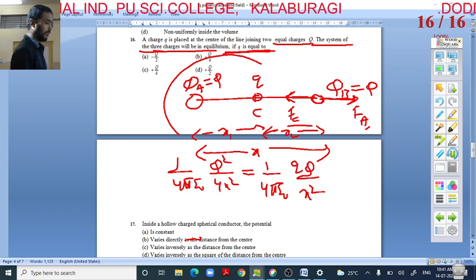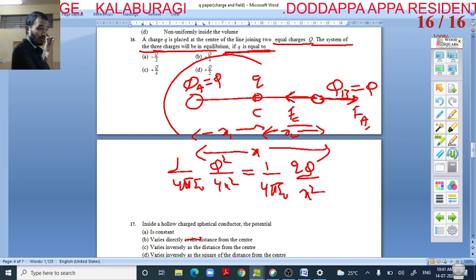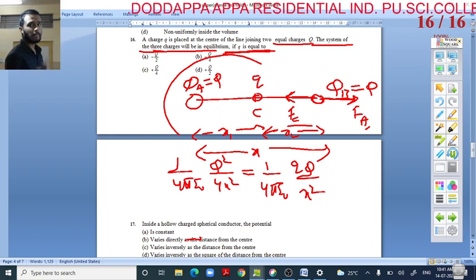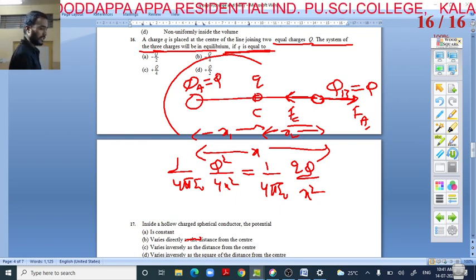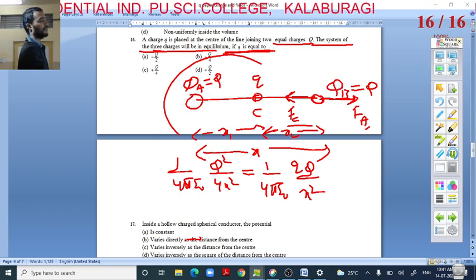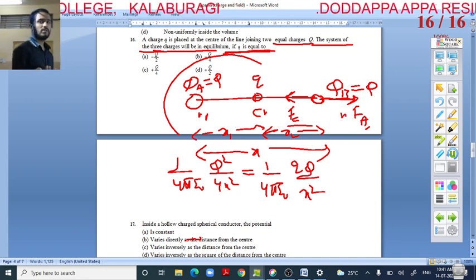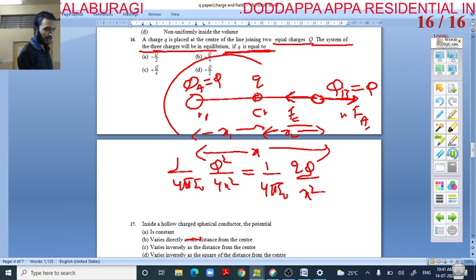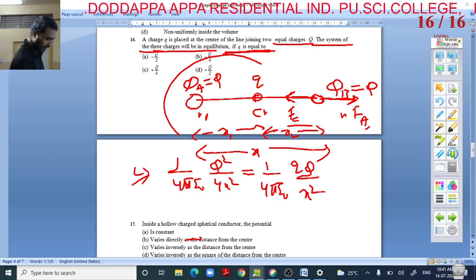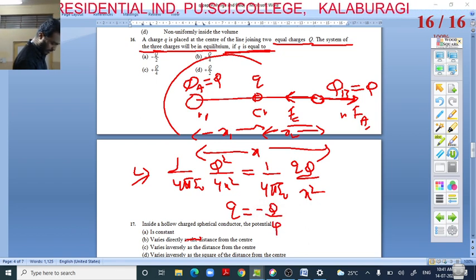Both are equal and opposite direction, which we have denoted here, right? Two forces individually we have tried, just to compare them, that's all. So directly I have written this. Force between these two charges and force between this and this, individually you can write, and after that you compare like this. So by simplifying, small q is equal to minus Q by 4 we will get.